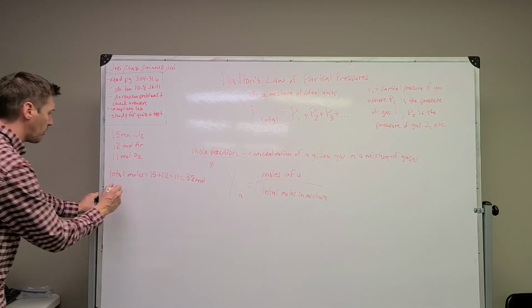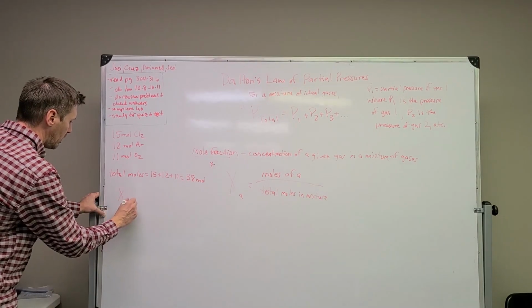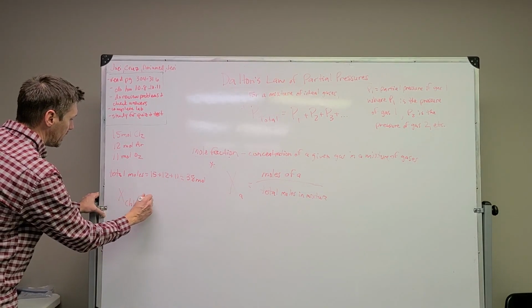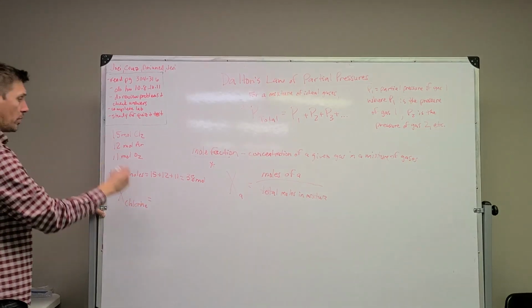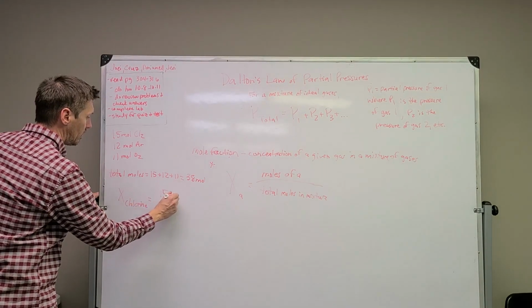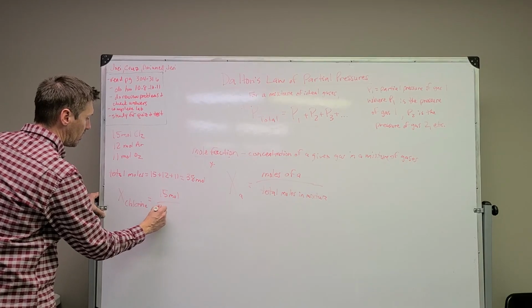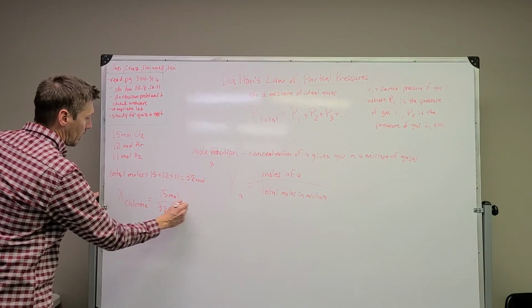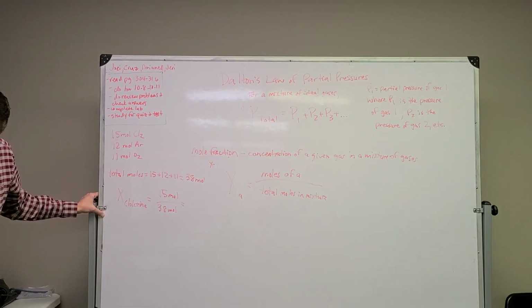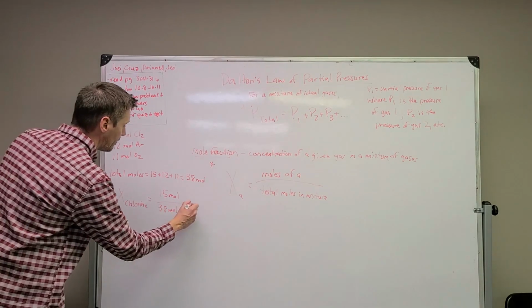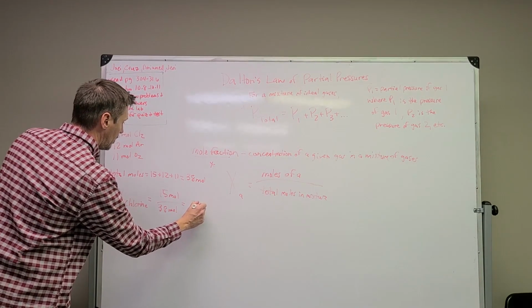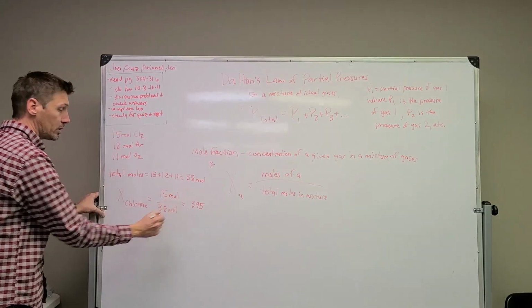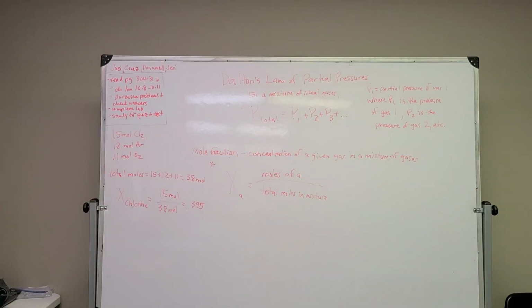And then the mole fraction of chlorine is equal to the moles of chlorine, which is 15, divided by the total number of moles, which is 38. And so we get a value of 0.395. Now notice our mole units cancel out, so we don't have a unit on the mole fraction.